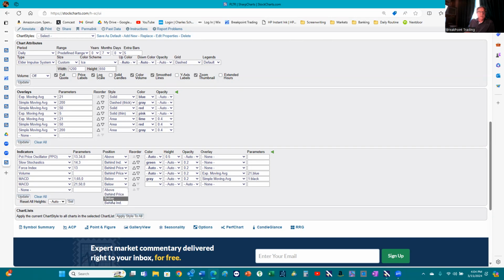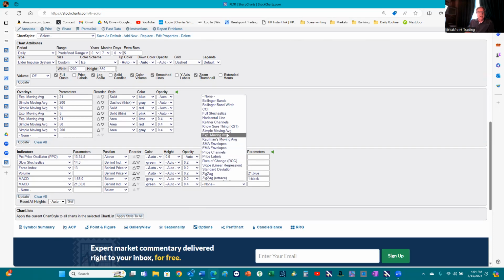You can put it behind price. You can put it below, like this one here is already, the 65, or you can put it behind the one right above. So I'm going to put both of these together. I'm going to make this one green, and I'm going to make it opacity 0.4. So it's a little darker than the gray one up here, which is the 65.